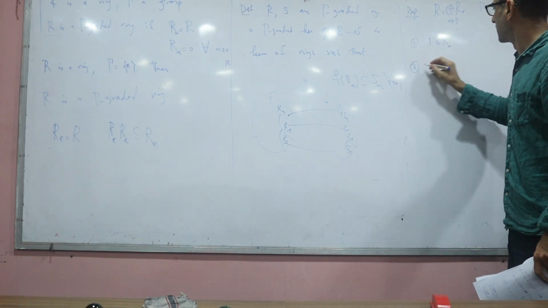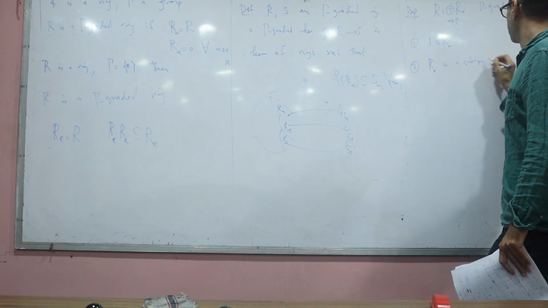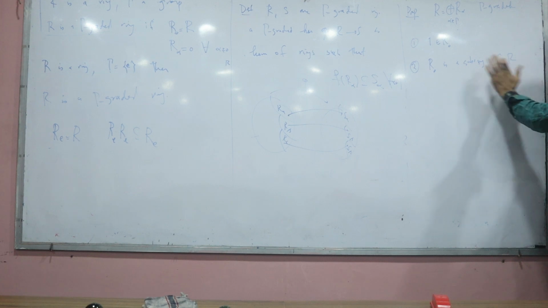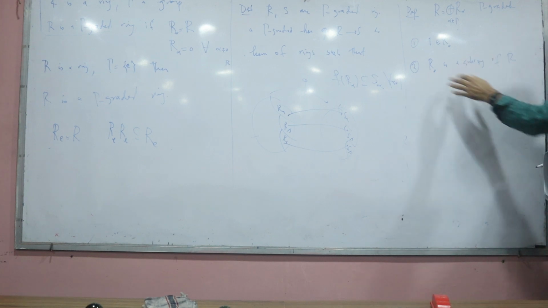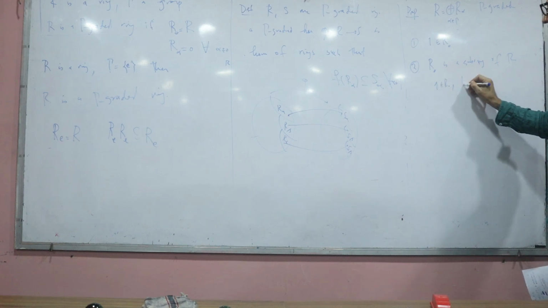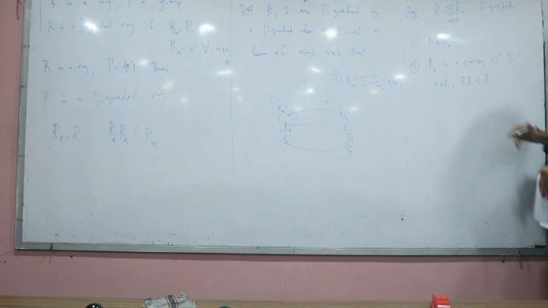Two, R_0 is a subring. So in itself, now you are dealing with two rings. This is also a ring. Why is that? First of all, one, I just said, is in here, and it's closed under multiplication, right?